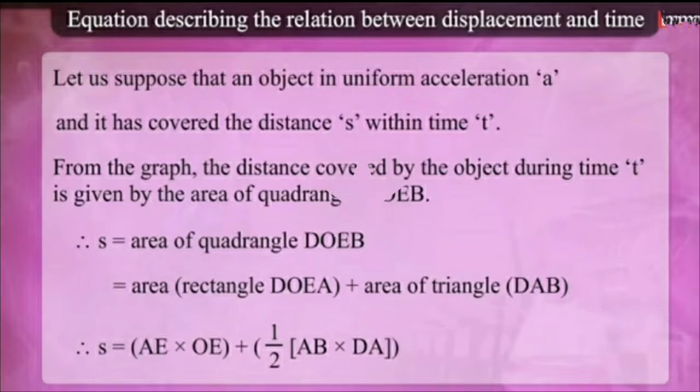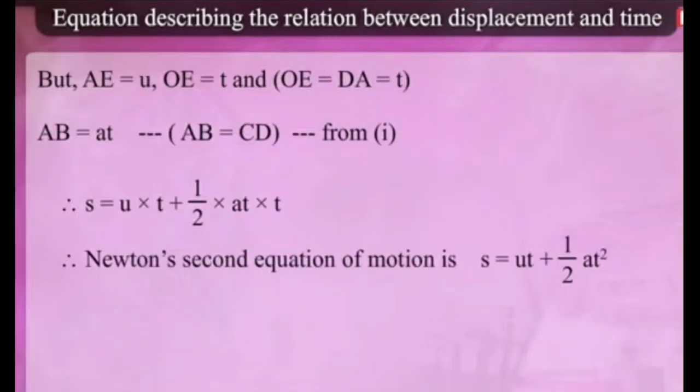But we know that AE is equal to U and OE is equal to T, and OE is also equal to DA, which is equal to T, right? And AB is equal to AT. AB is equal to CD, right?